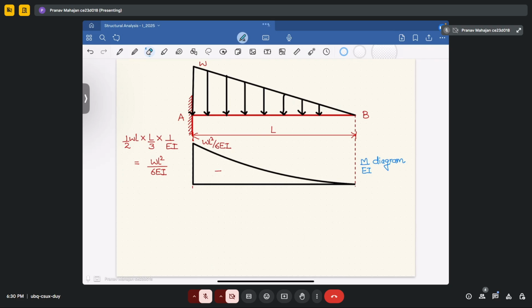Fine. Now how will you determine the deflection at end B? In this case, you will take the moment of this diagram from point B. So as mentioned there, let me write the vertical deflection at end B, delta L1.